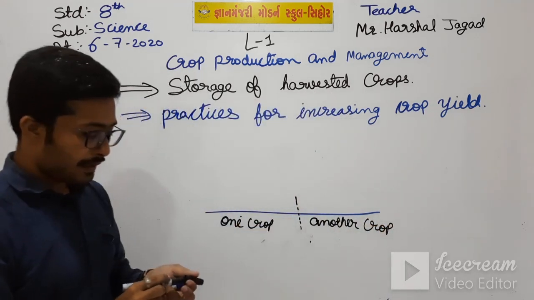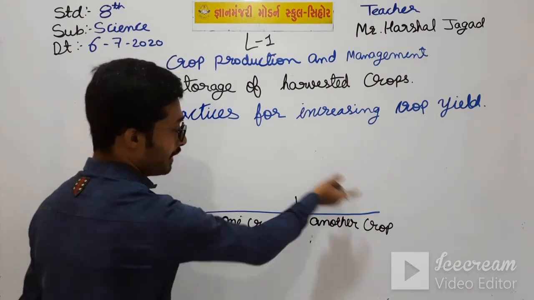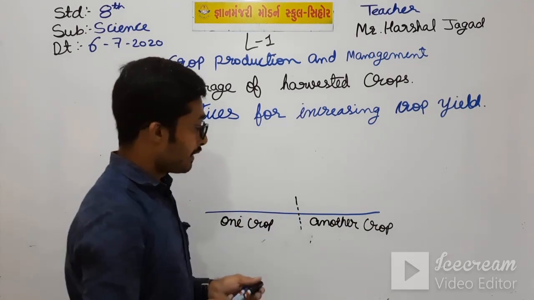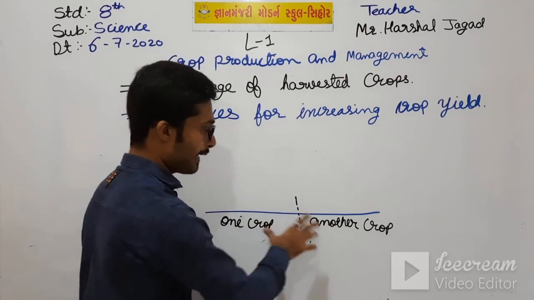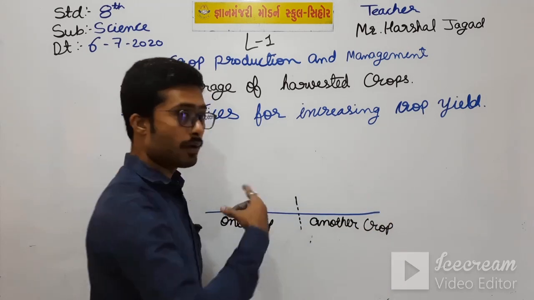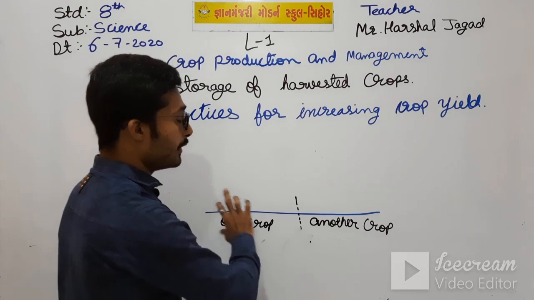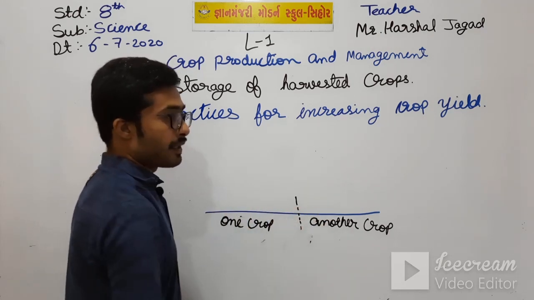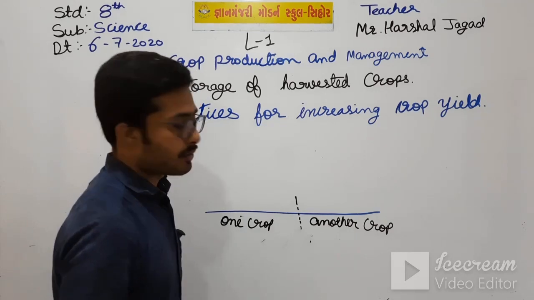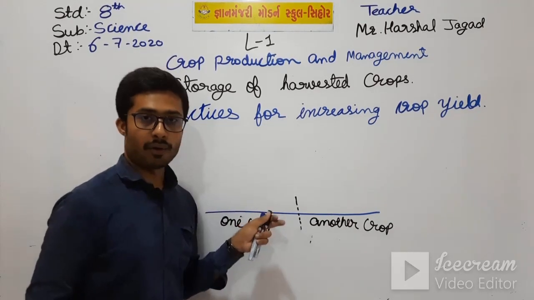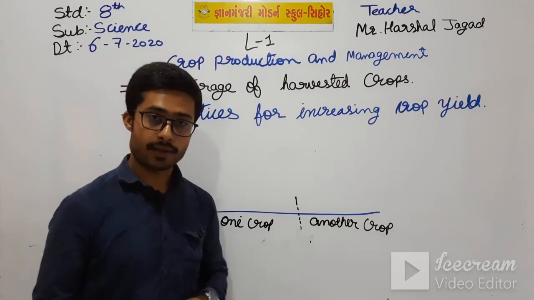So this is mixed cultivation. So there is a big farm, and the farmer in half of the farm grows one crop and in the other half grows another crop. So what will happen is that the nutrition which is needed will be there, and it will result in an increase of crop production.